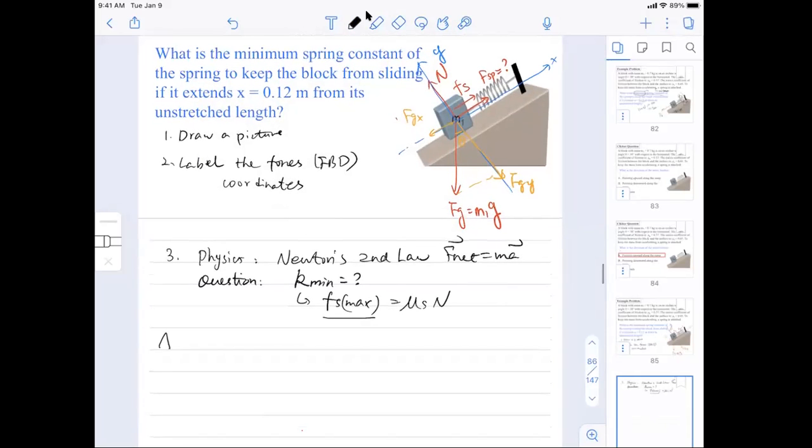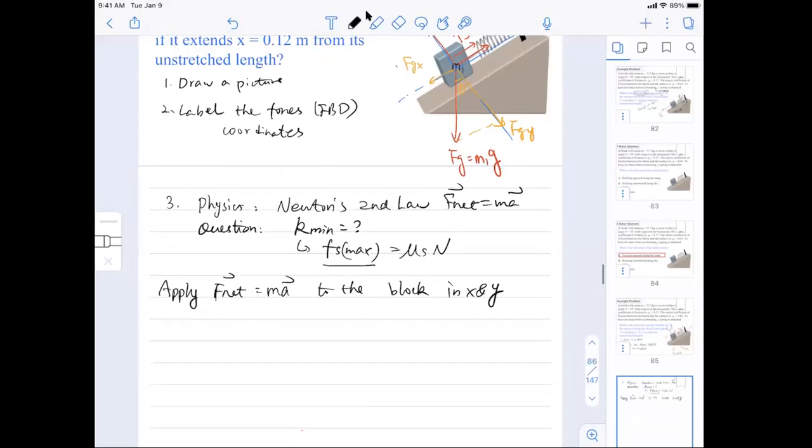Okay, now let's apply F net equals ma to the block in both x and y directions. Let's apply it first in the y direction. F net in the y direction equals ma in the y direction.